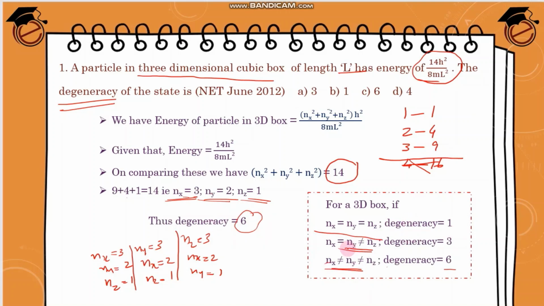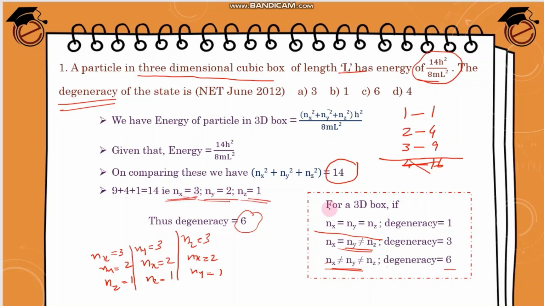How did we do it? First we took the energy of a particle in a three-dimensional box and compared the values. From that we got nx square plus ny square plus nz square equal to 14. Now we split 14 as 9 plus 4 plus 1, and found the corresponding nx, ny, nz values.